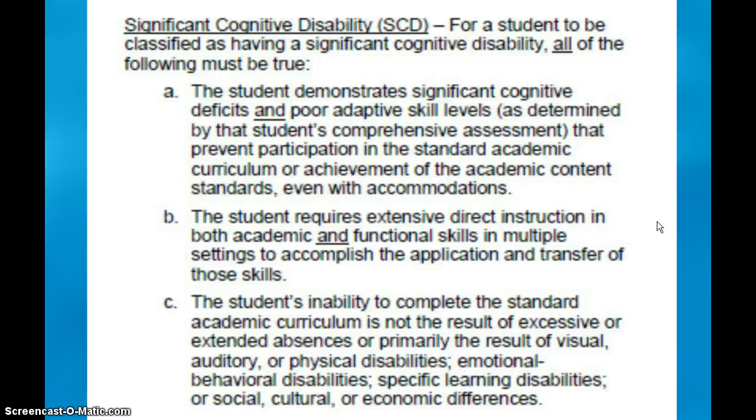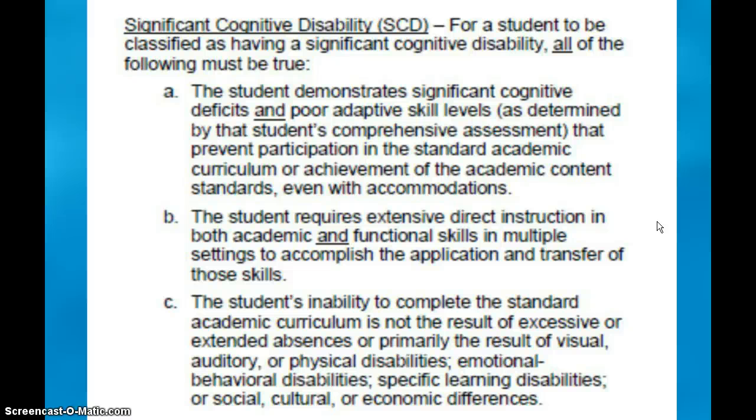All three of these things have to be true. They have significant cognitive deficits and poor adaptive skill levels, so that they're not able to participate in standard academic curriculum, even with accommodations. They require extensive direct instruction in academic and functional skills in multiple settings. So when you teach it to them in one setting, they don't necessarily generalize it to the next setting.